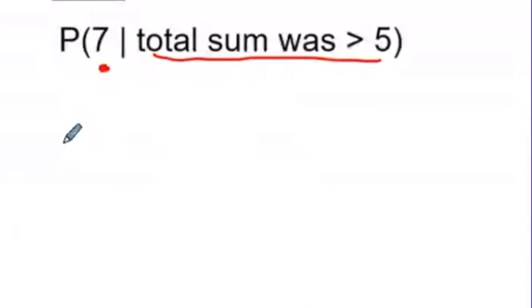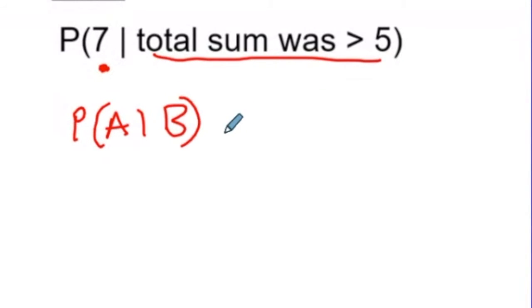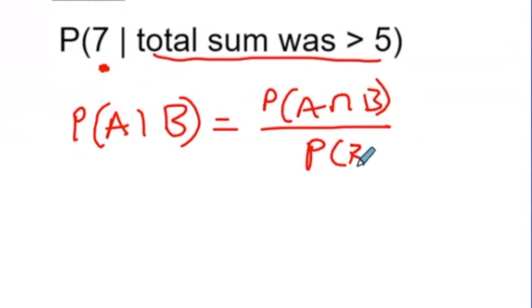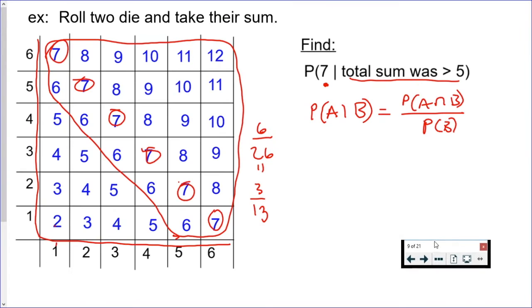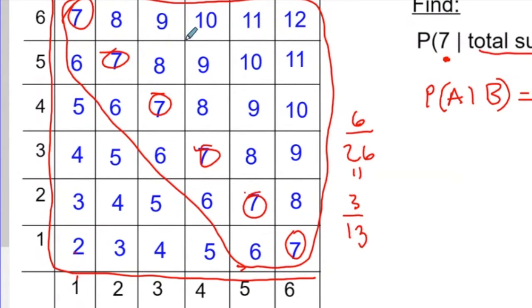So now, let's try to use that formula. Remember, the formula says the probability of A given B equals the probability of A and B over the probability of B. So first things first, I need to find my probability of A and B. In this huge chart, I can easily figure that out.